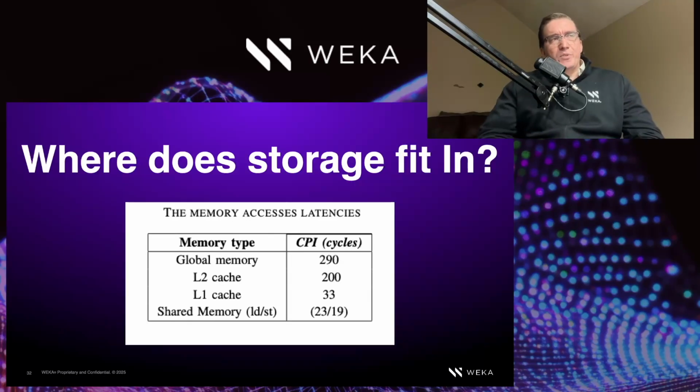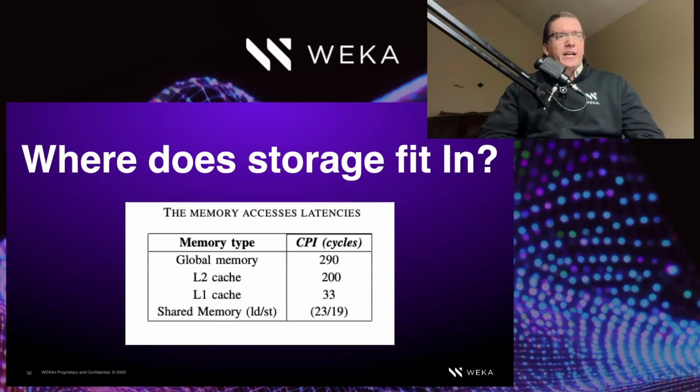So this is what I'm speaking about when I talk about the cycles that it takes for different memory to be accessed and used in processing. You have these different layers of the GPU. This particular set of metrics actually comes from the Ampere microarchitecture. We see that the GPU global memory has a cycle count of 290. The L2 cache has a cycle count of 200.